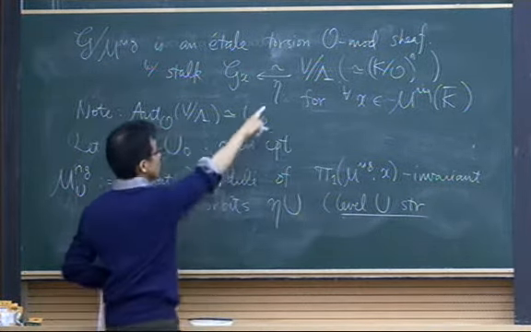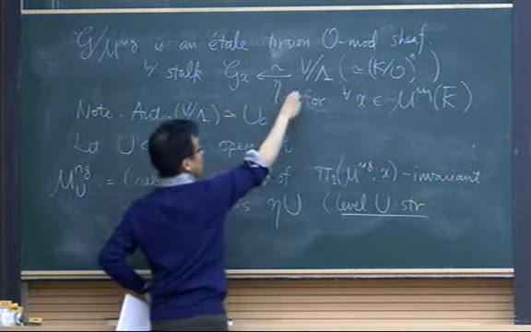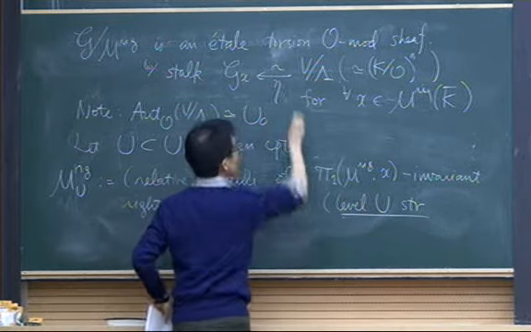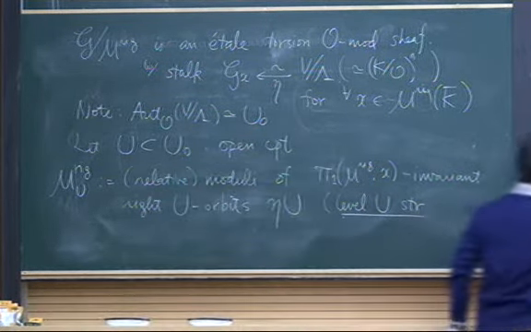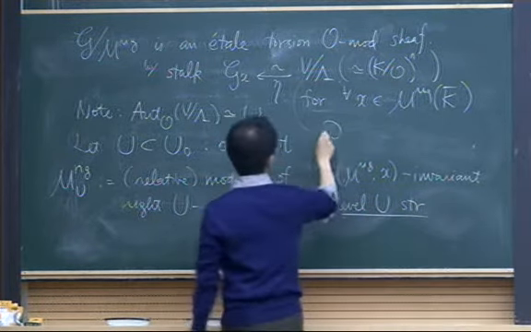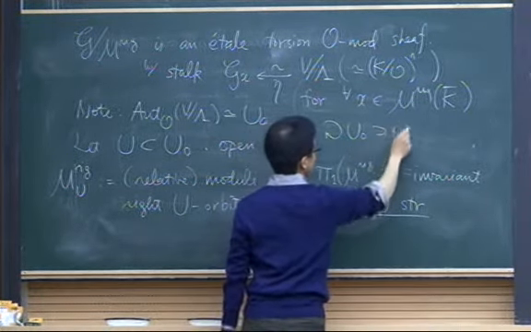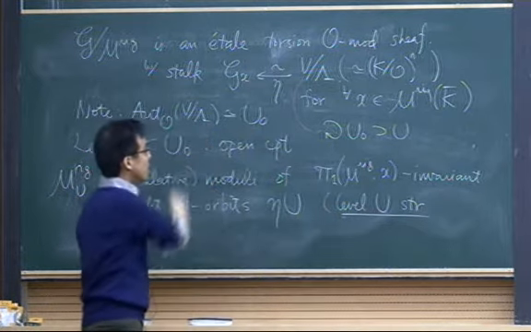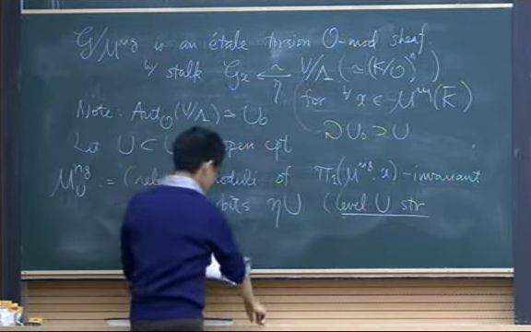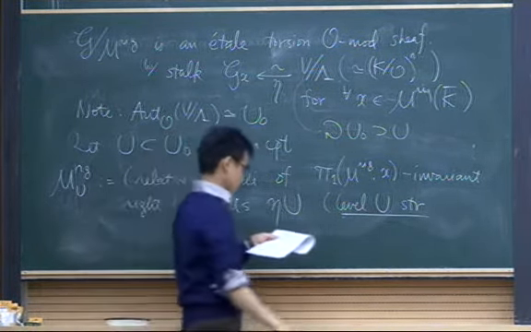So I had this isomorphism eta, but here I have U_0 acting on it, so I have U acting on it from the right. So I can take the orbit.